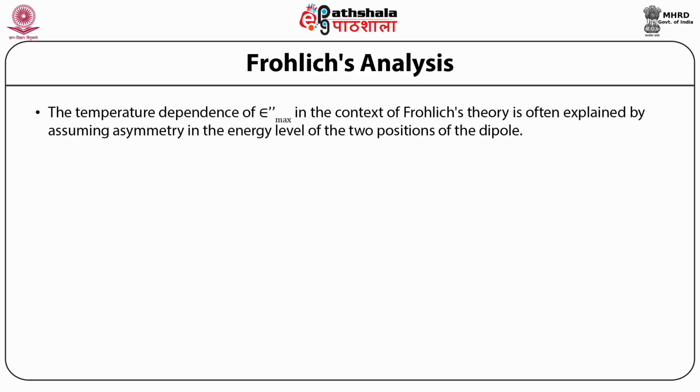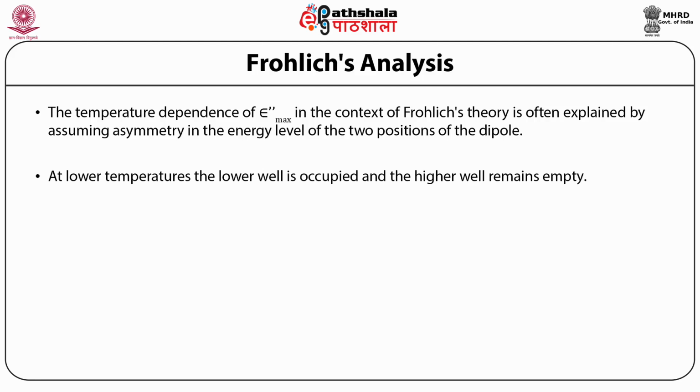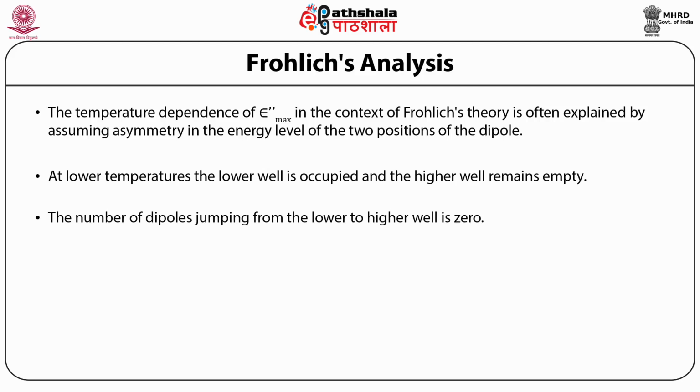The temperature dependence of epsilon double prime max in the context of Froelich theory is often explained by assuming asymmetry in the energy level of the two positions of the dipole. At lower temperatures, the lower well is occupied and the higher well remains empty. The number of dipoles jumping from the lower to the higher well is 0.